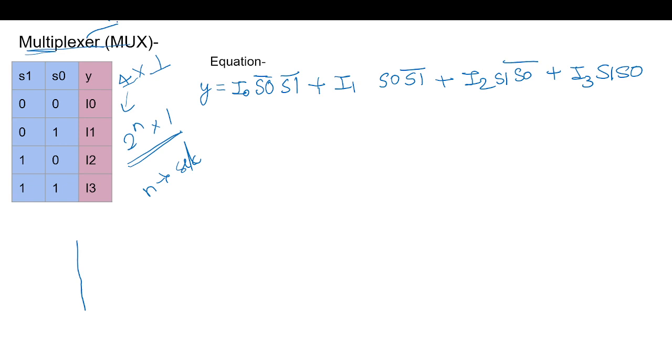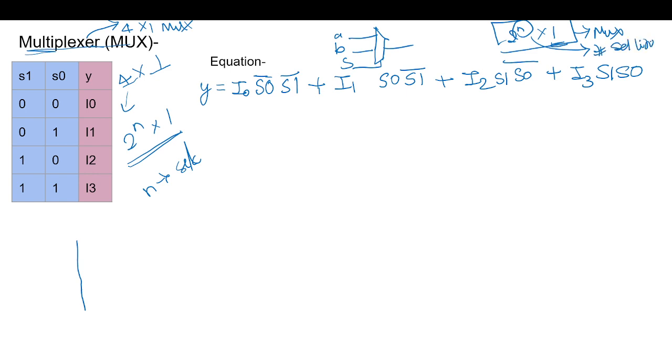So this is a 4 cross 1 mux. Sorry for the confusion. For 2 cross 1, we will have 1 select line and 2 inputs and 1 output. So multiplexer will always have 1 output and we will represent it as 2 to the power n mux, where n is the number of select lines.